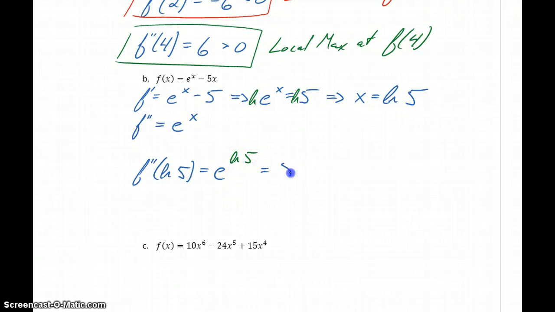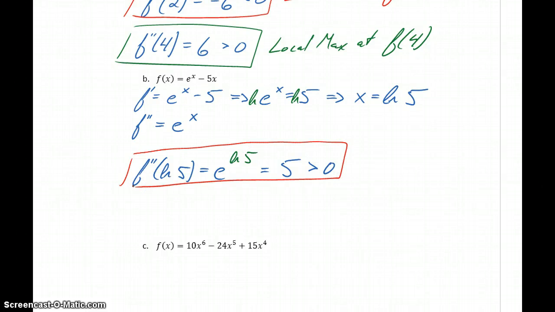They're inverse operations. So that's just going to give us 5, which is greater than 0. So our second derivative evaluated at that point is greater than 0, which means we have a local minimum at f of the natural log of 5.